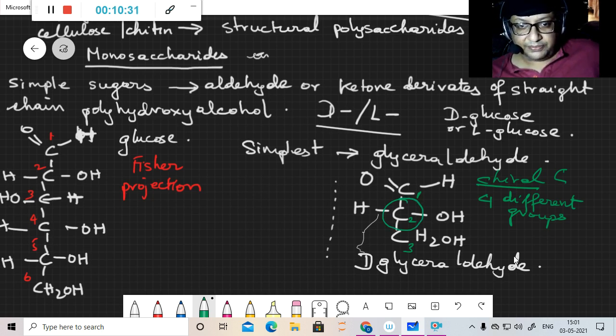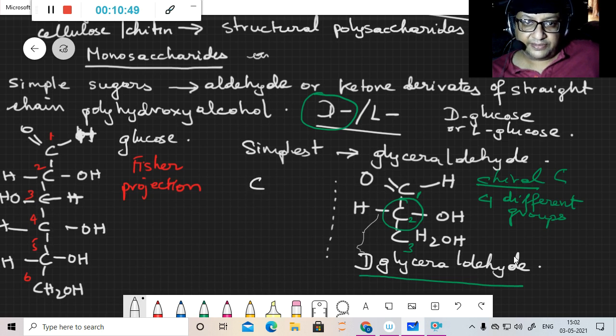And now if the hydroxyl group and the oxygen is on the right hand side, this is the D configuration, and it is known as D-glyceraldehyde.